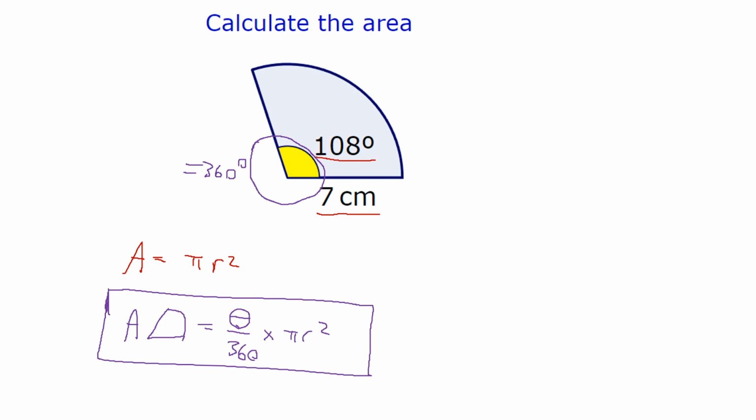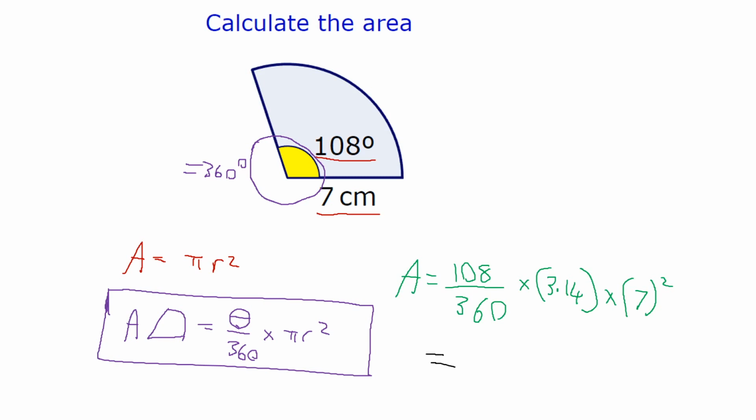So, let's do this example. The area is simply going to be, what's our theta? Our theta is 108. Our total is 360, so let's put 360. We're timesing it by pi. If you don't know what pi is, just use 3.14. Our radius is equal to 7, so we times it by 7 squared.